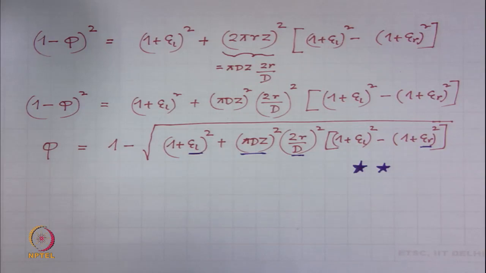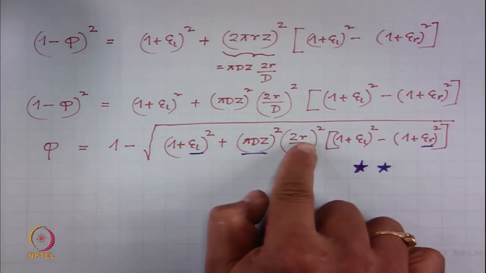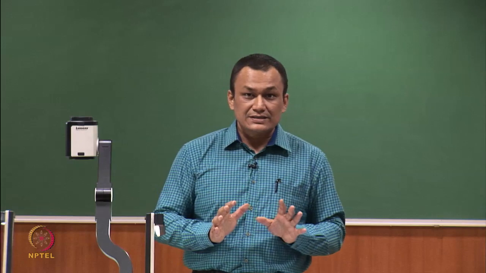So, for that yarn, shrinkage is a function of radius. That means, this equation tells us there will be shrinkage of yarn different at different radii.